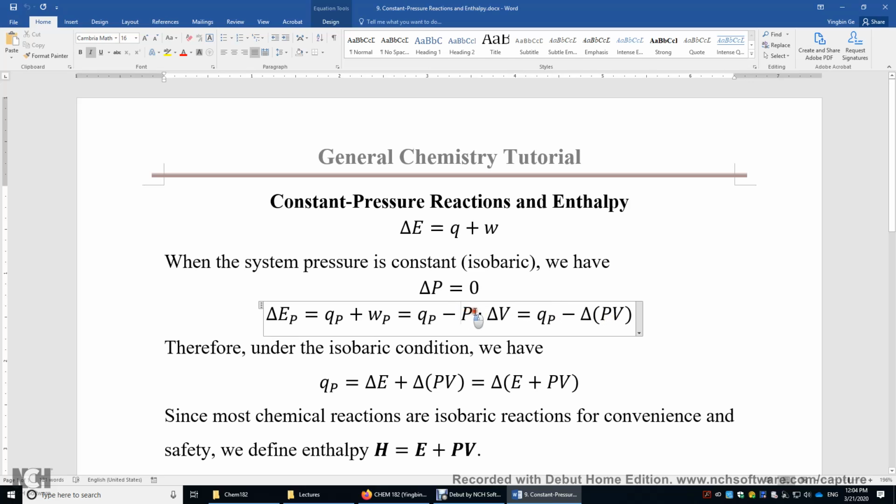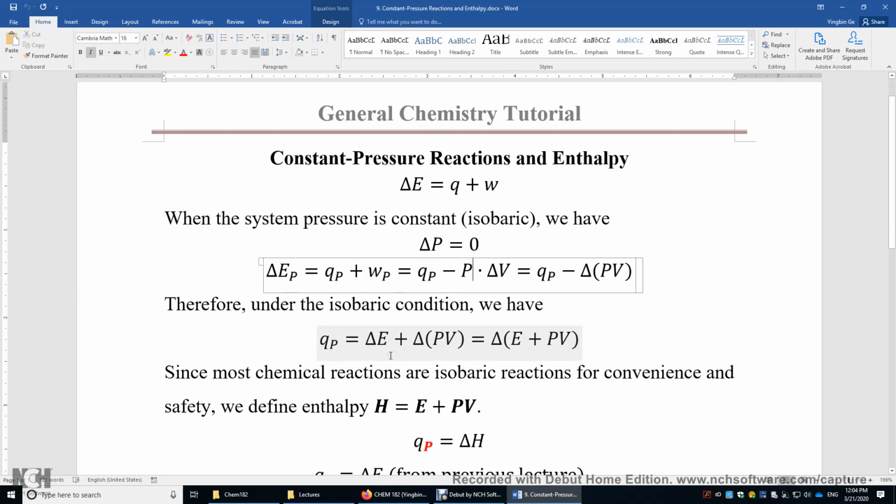Again, we can equate P times delta V and delta PV only if pressure is a constant. And then under the isobaric condition, we have Q sub P equals delta E plus delta PV.